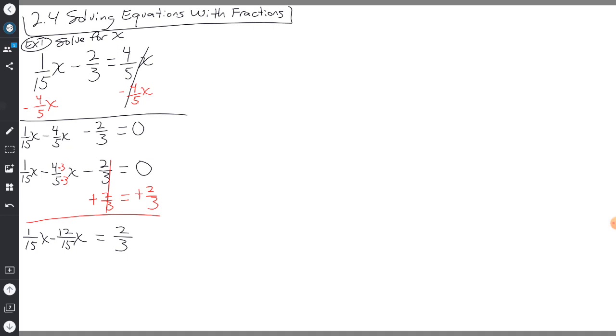All right. What do we get out of this operation? 11, right? Negative, and it becomes a negative because the larger number is a negative. So negative 11 over 15 x.